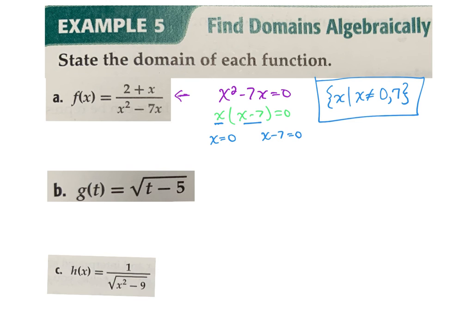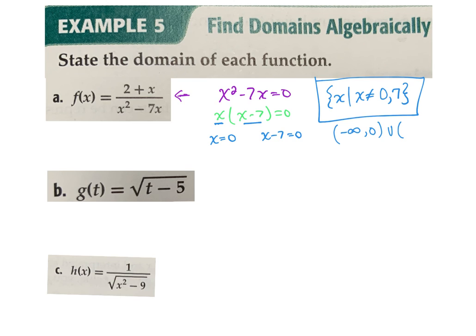Now, if I were going to do that in interval notation, it's a little weirder. You would say from negative infinity to 0, union with from 7 to infinity. And then actually one more union in there.